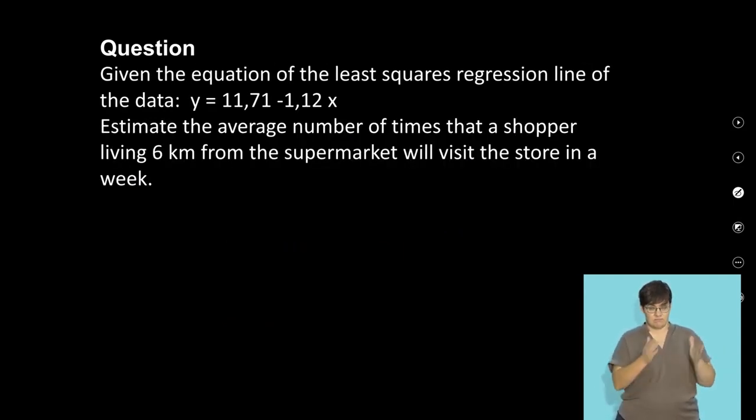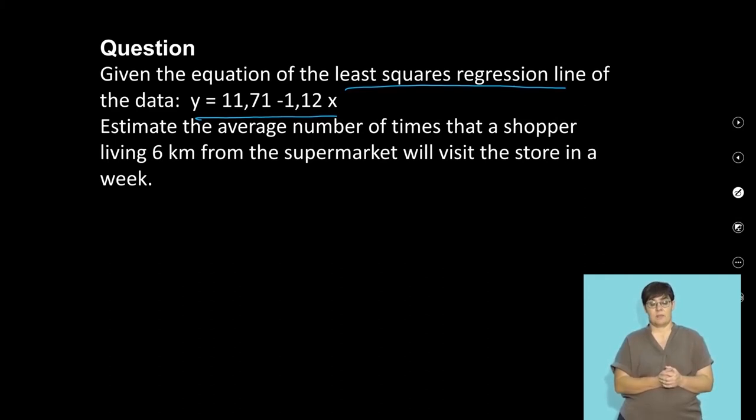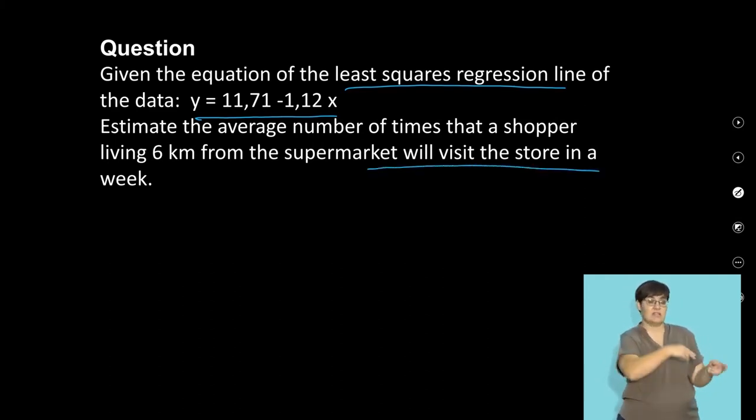Now, our next question. Given that the equation of the least square regression, which we calculated previously, is 11.71 minus 1.12x, estimate the average number of times that a shopper living 6 kilometers from the supermarket will visit the store per week.